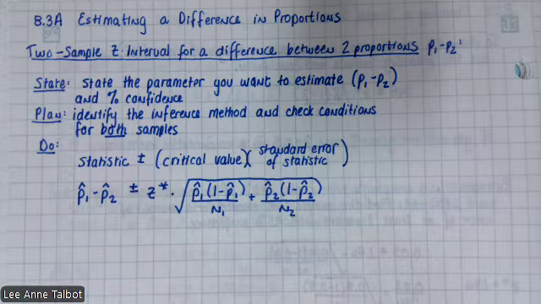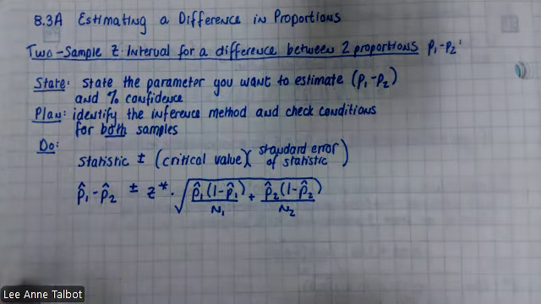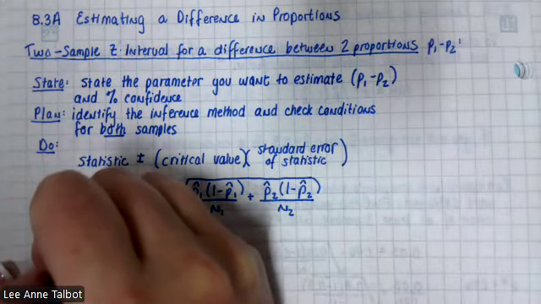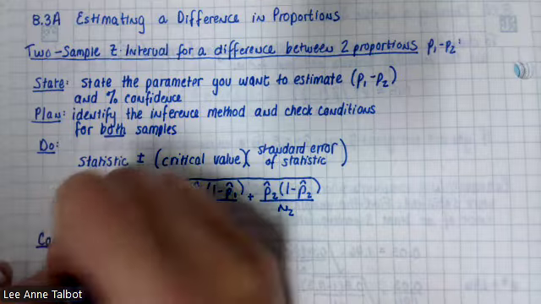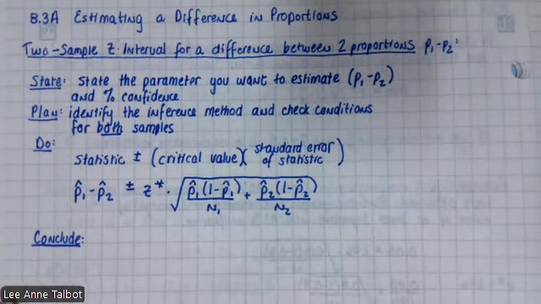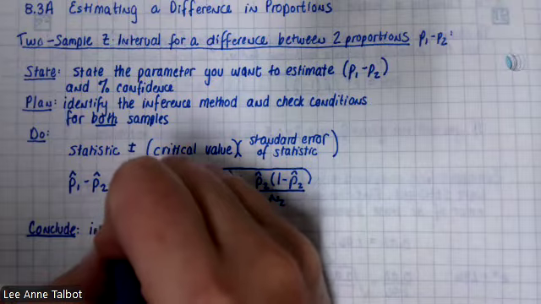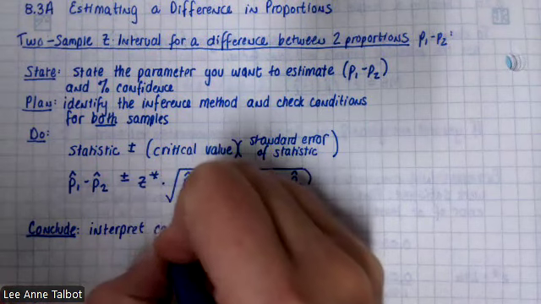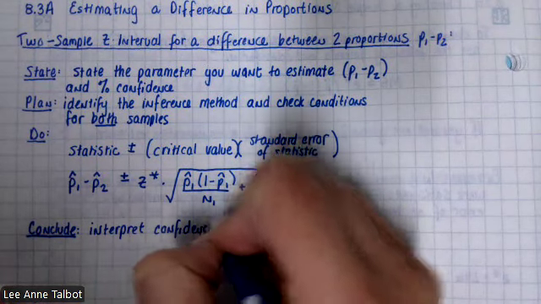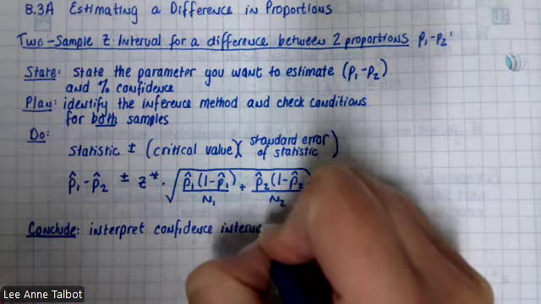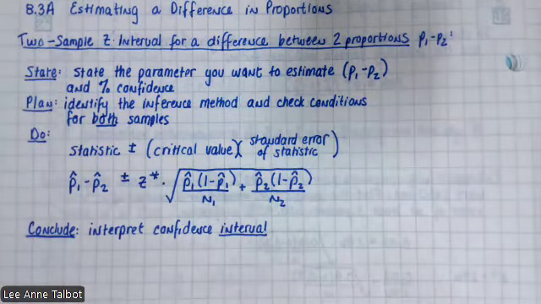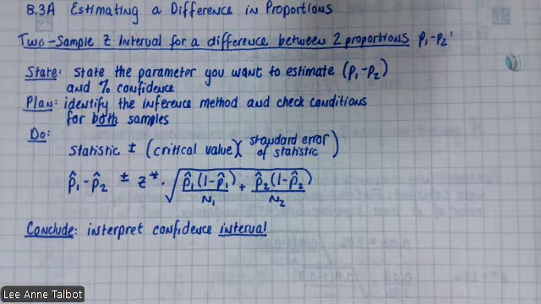Okay, here's something really really embarrassing. I don't really think I needed all those lines. So we're just gonna say, you're going to use the sentence to interpret the confidence interval.